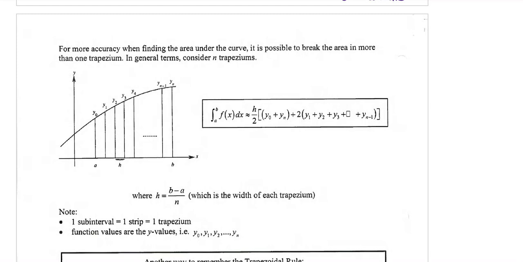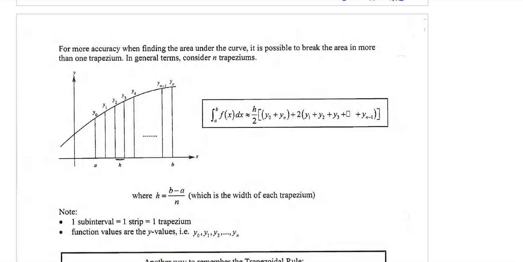So here is our integral again. It is approximately equal to the height of your trapezium, which is this one little space across here. So in there, h. One of those little spaces, that's your height. Your height over 2. Your first and your last y value. Okay, you've got all these vertical lines. Your first one will be here and your last one down here.